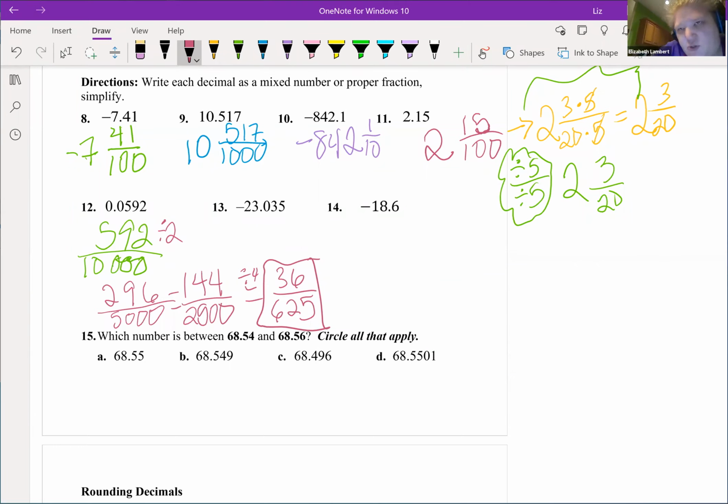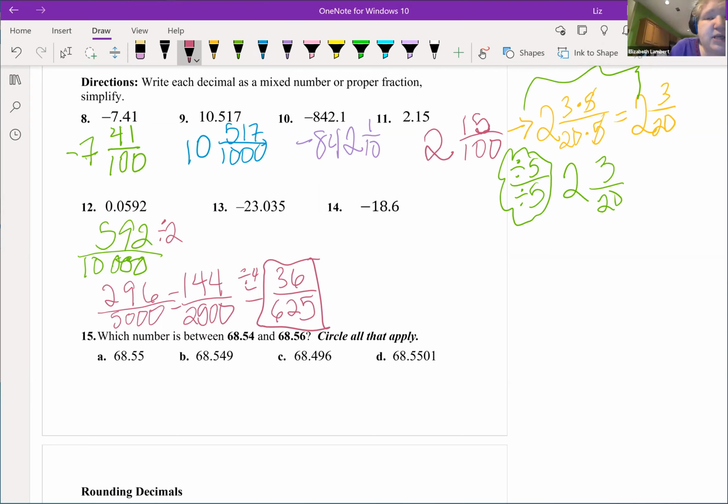It's like 5 times 5 is 25, times 5 is 125, times 5 is 625. So it's 4 5s being multiplied, 5 to the 4th. And the top is 36. It's all 2s and 3s now. No 5s. So that is our most reduced fraction.